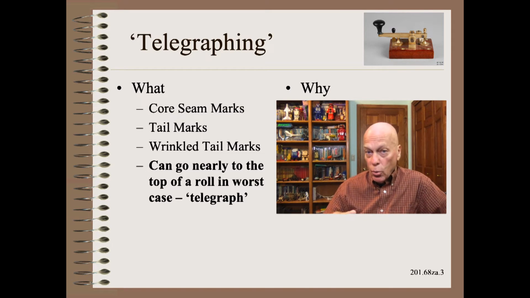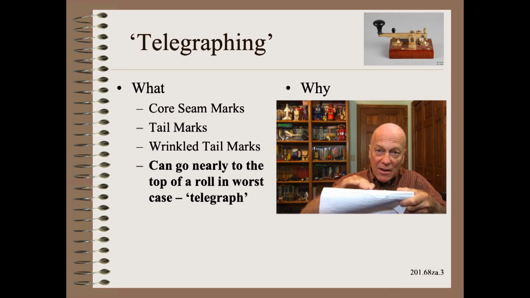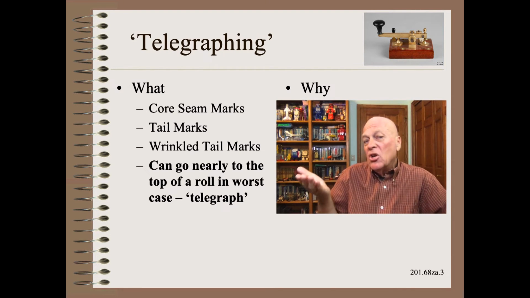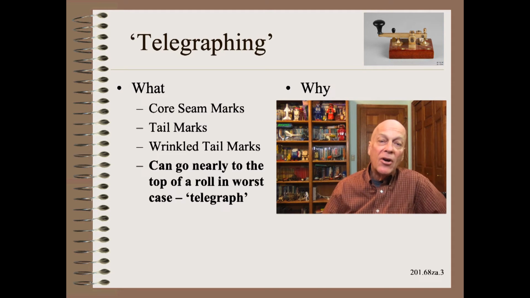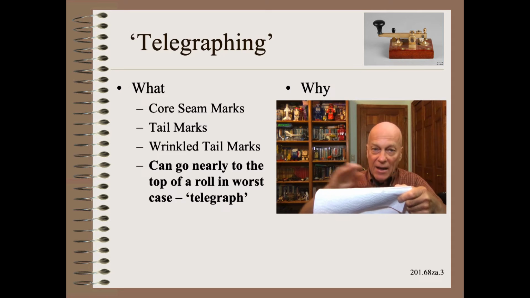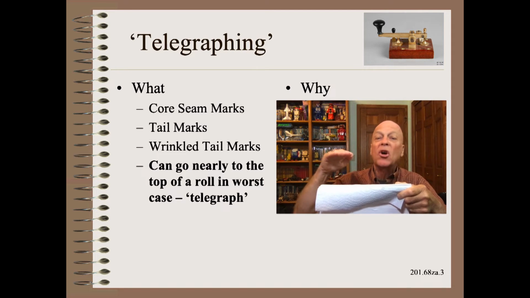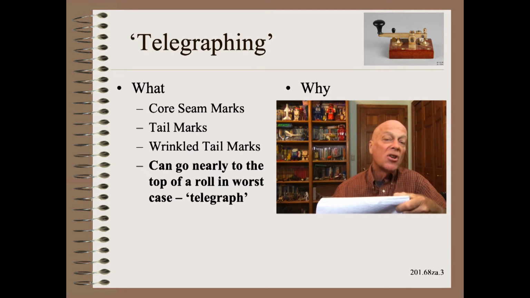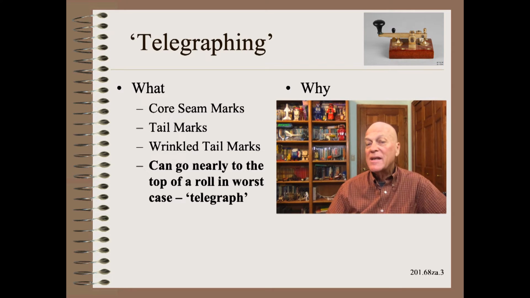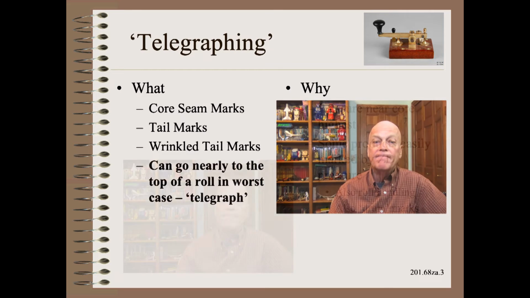If the original insult just marked the layer or two above the core, few people would complain. However, on some tender webs, the original defect can propagate well above the core, perhaps most of the way up into the roll in the worst case. This physics is called telegraphing.